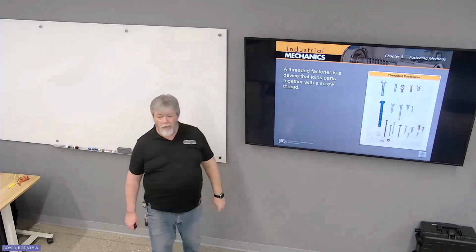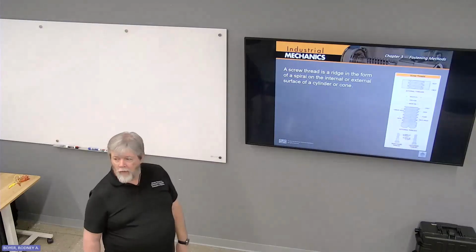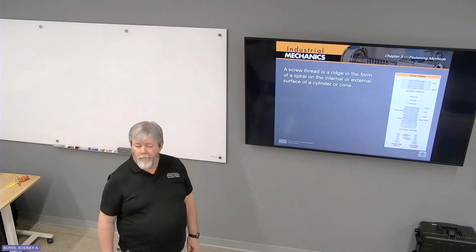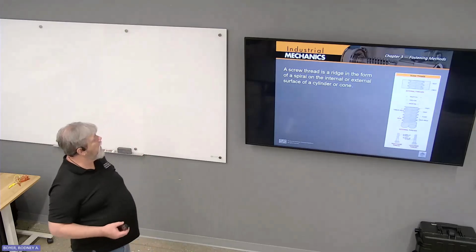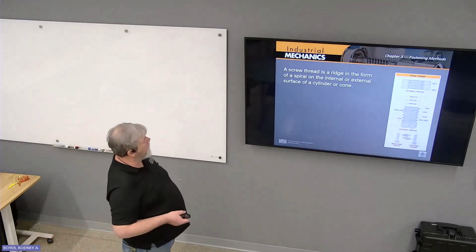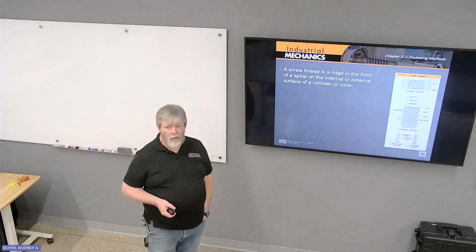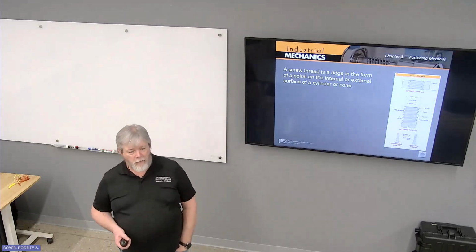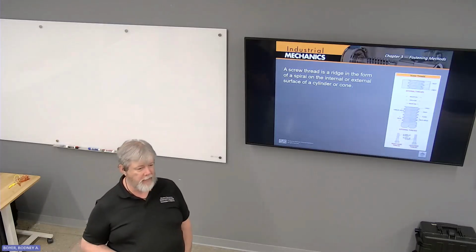So lots and lots and lots of different threaded type fastening. A screw thread is a ridge in the form of a spiral on the external or internal surface of a cylinder or column. It is a helical inclined plane.